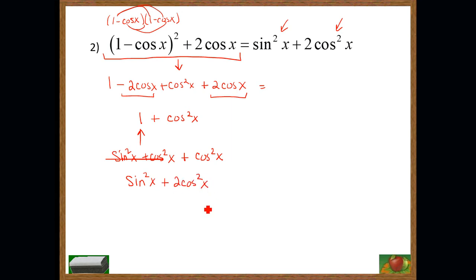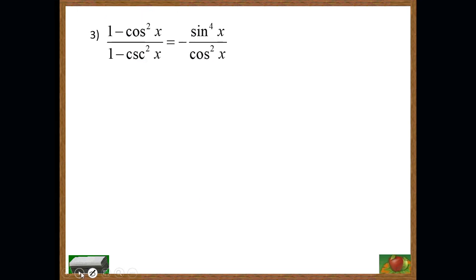Is that my goal? Is that what I was trying to get to? Yep, I got closer to my goal. This side does in fact equal the right side here. Whoops, my other right. Cosine squared x. They are equal to each other, and I proved it by working one side of that until it became equivalent to the other. Okay? Let's look at a third example.